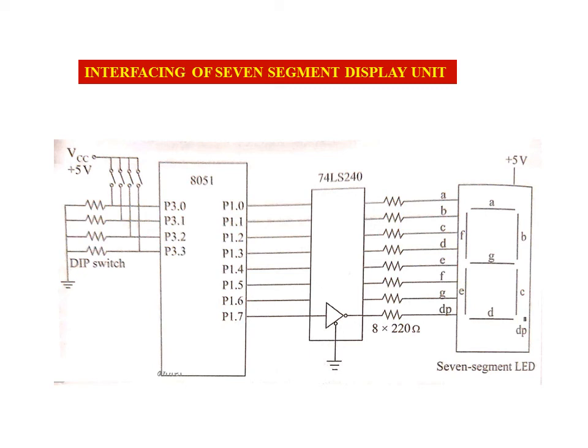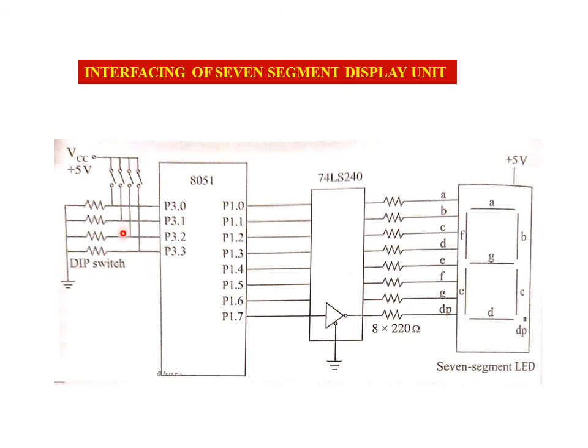Now check how the 8051 microcontroller will interact with the 7 segment LED display unit. Here we are using 4 BCD input switches connected to the port 3 pins, same as in the previous slide. Port 3 reads the data. Switches are input devices.